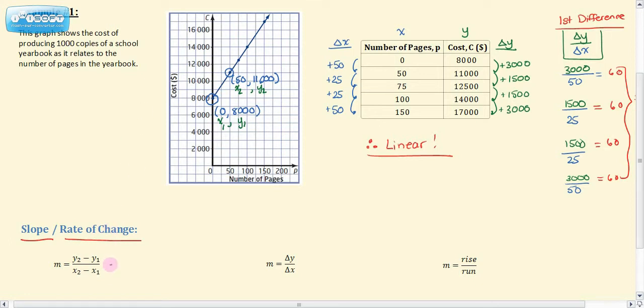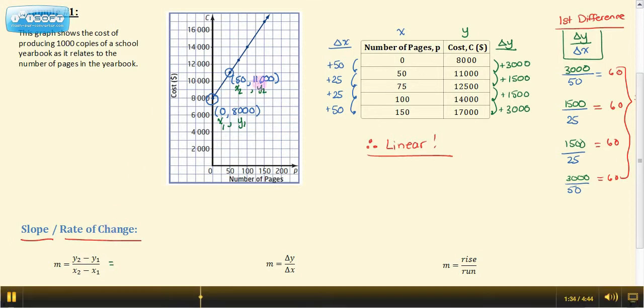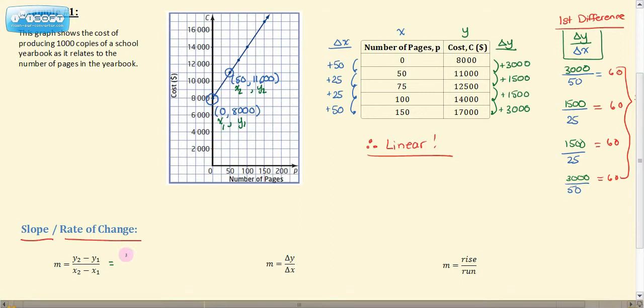The equation asks for my y2 value first, which is 11,000. Then it asks me to subtract my first y value, which was 8,000. And I have to put that all over my second x value, which is 50, and subtract my first x value, which is 0.